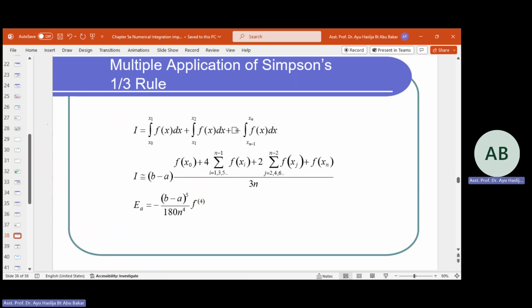Now we move to multiple application, 1/3, still 1/3, multiple application. So this is the equation. The equation will be given. You just need to know which is for which. So for multiple, it involves a few applications of the singles, meaning that you need to include this part.